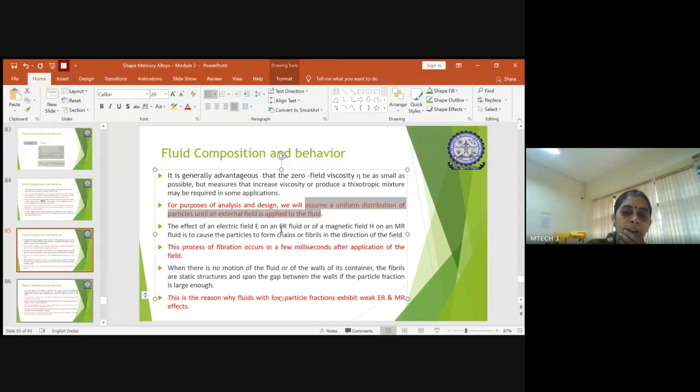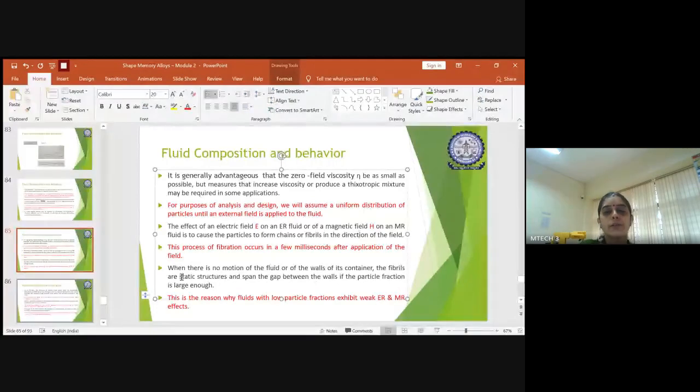In case of ER fluid, the effect is given by the electrical field, and in case of MR fluid, by the magnetic field. From here onwards, if I use the letter E, it is the electrical field, and if I use the letter H, it is associated with the magnetic field.